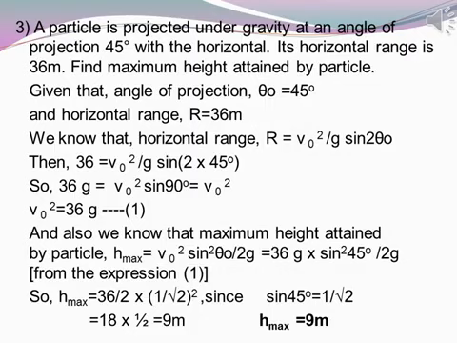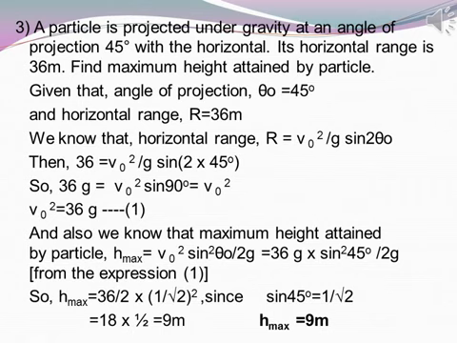Given that angle of projection theta 0 is equal to 45 degree and horizontal range R is equal to 36 meter. We know that horizontal range R is equal to v0 square by g sin 2 theta 0. Then 36 is equal to v0 square by g into sin 2 into 45 degree.